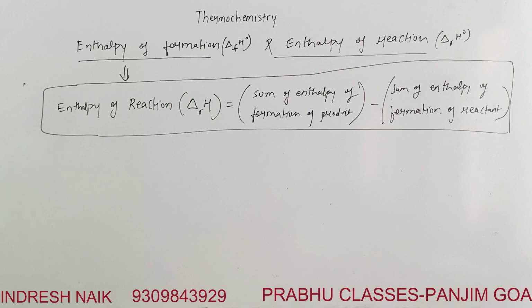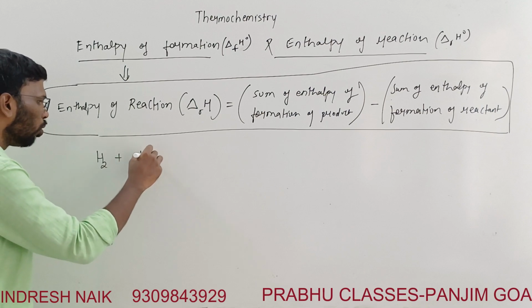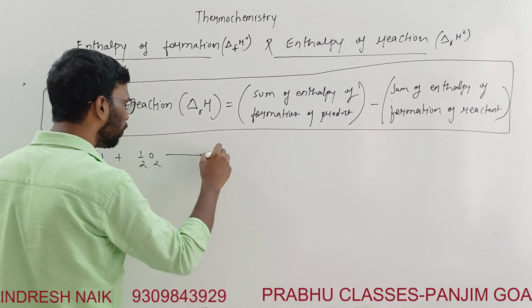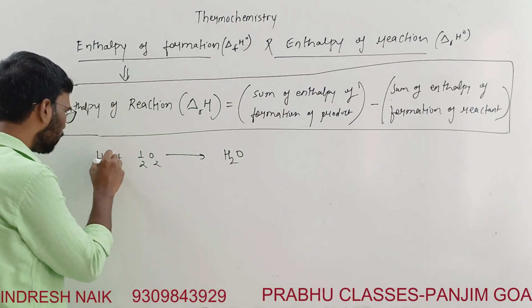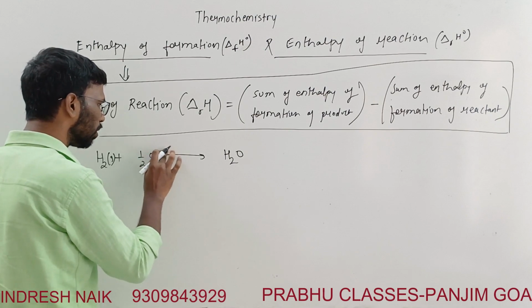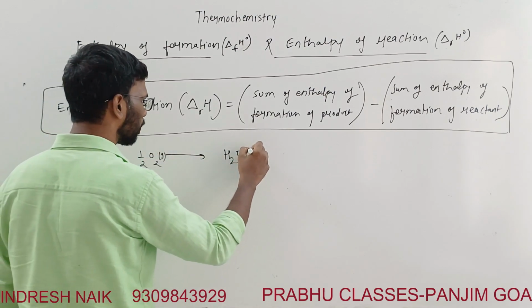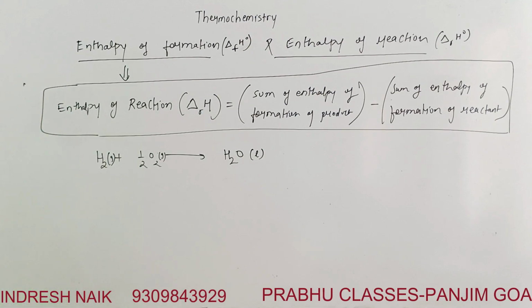So for example, we'll take a simple example. We'll take hydrogen and half mole of O2 giving you 1 mole of water. This is also gas, this is also gas. Okay, let's say this is liquid which is being formed.